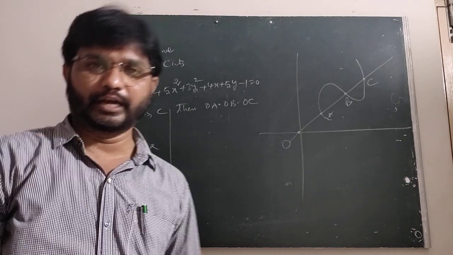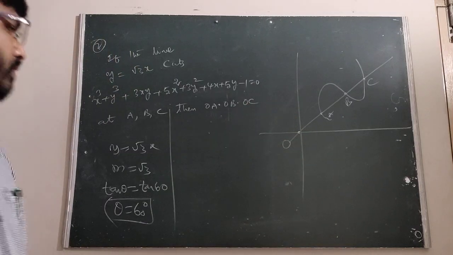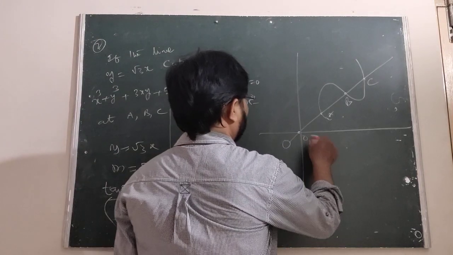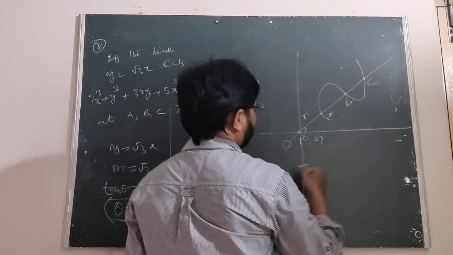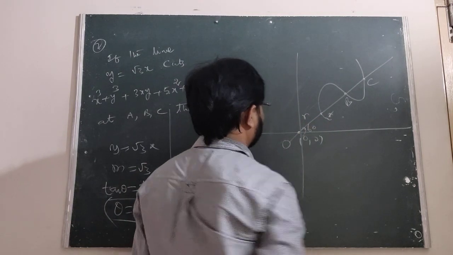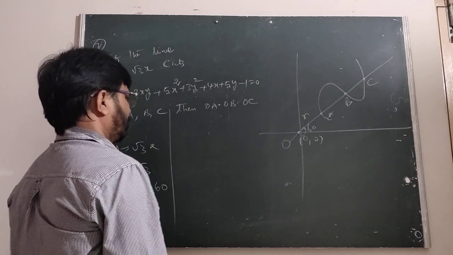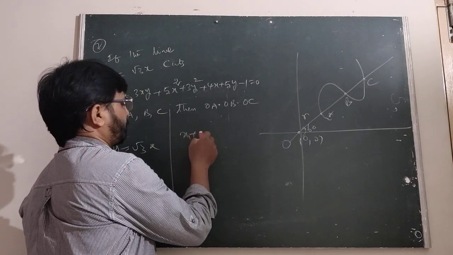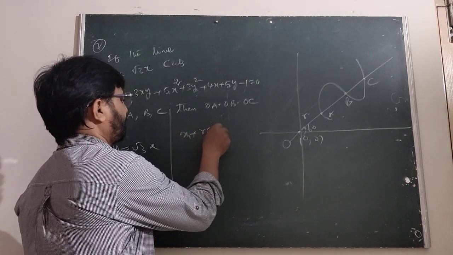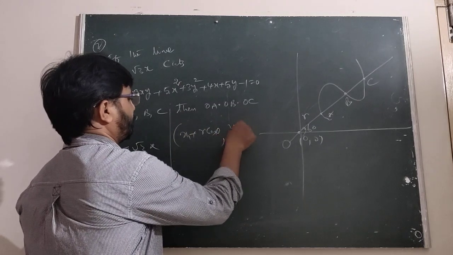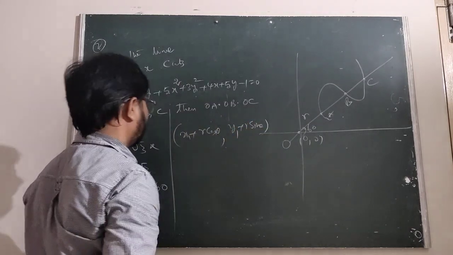Now we find the point on the curve from 0, 0 at a distance r, making an angle theta with the positive direction of the x-axis. We know the point is x1 plus mod r cos theta, y1 plus mod r sin theta.